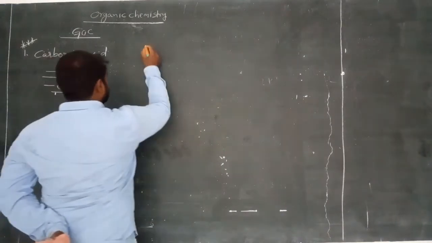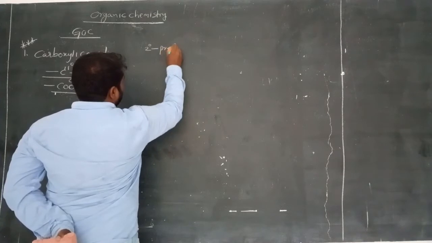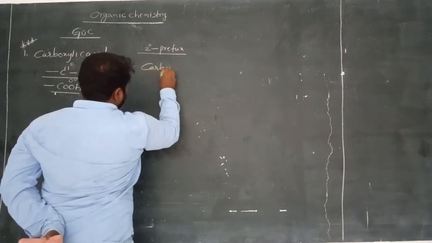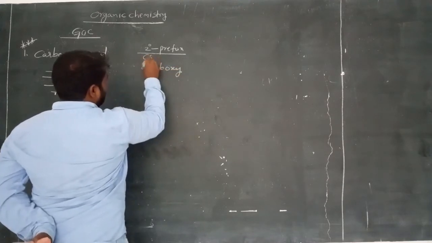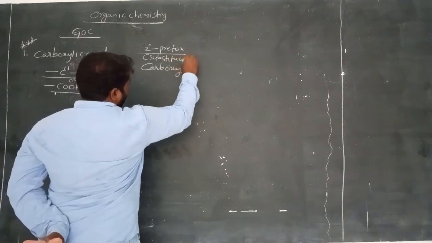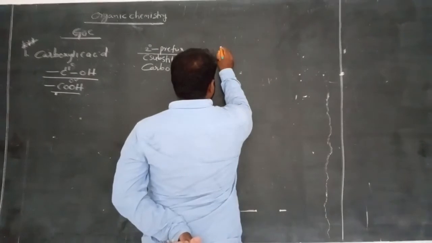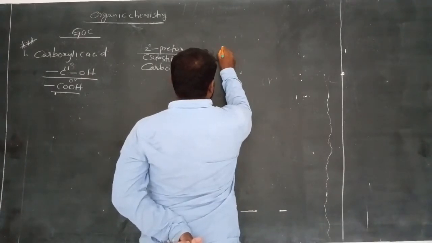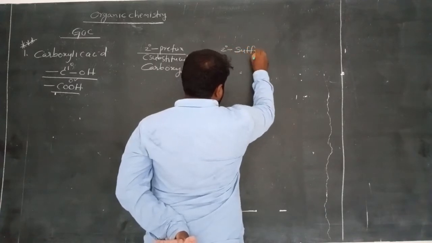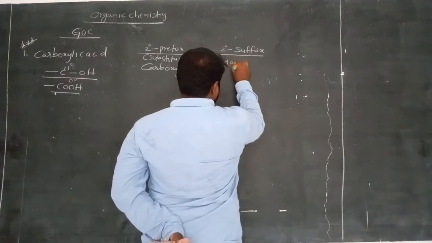So when it is a secondary prefix, we call it carboxy. That means as a substituent, am I right? As a substituent, we call it carboxy, and as a secondary suffix, that means main functional group, you know very well.